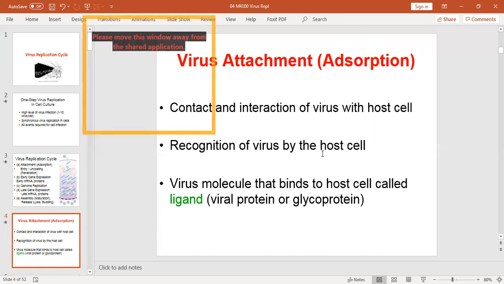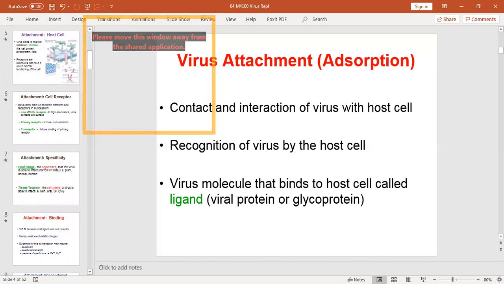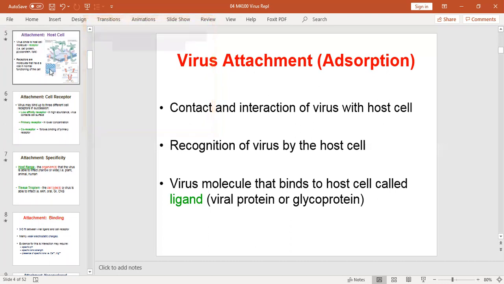So ligands will interact with receptors. And ligands are usually made up of viral proteins or viral glycoproteins, those proteins that have undergone glycosylation and a sugar moiety is being attached to them.